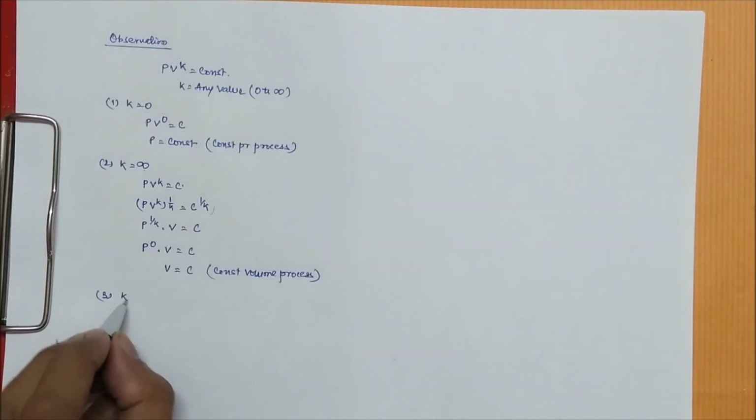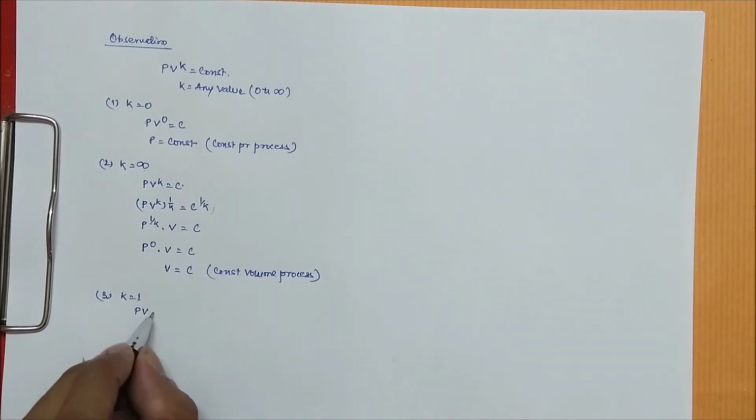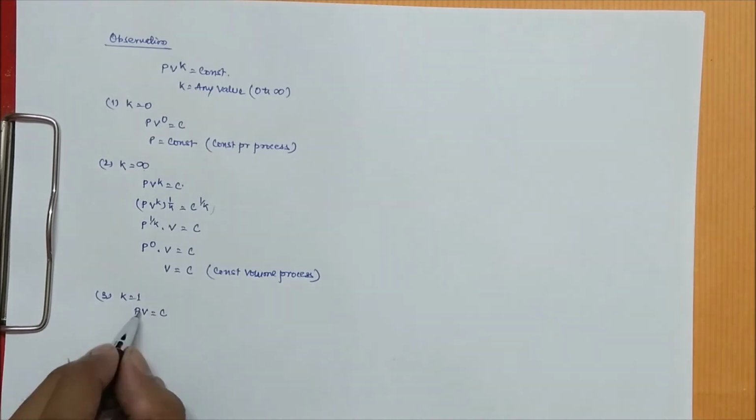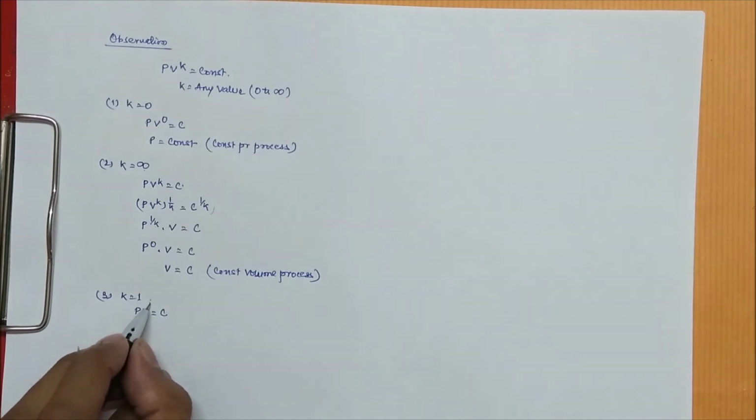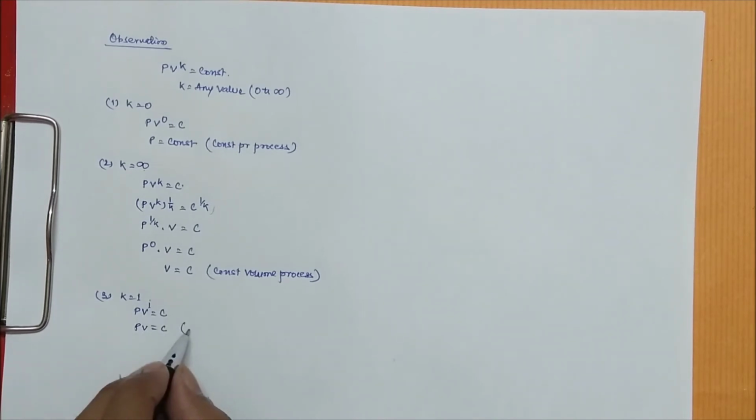And when k is equal to 1, it is PV to the power 1 is constant, that is PV is constant, that means it's an isothermal process.